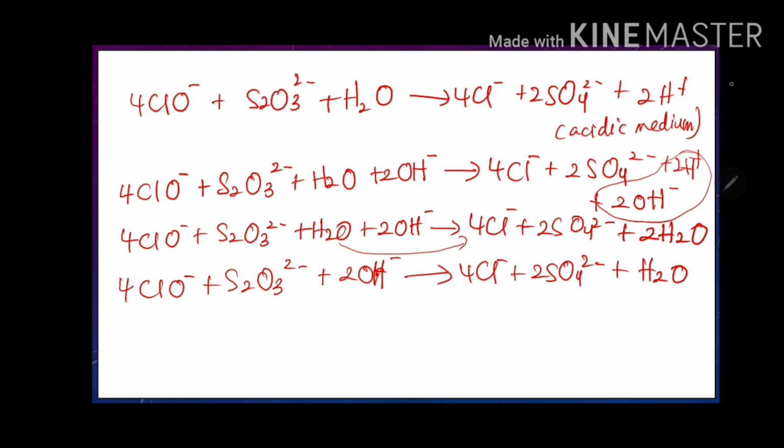Again, recheck your equation. So 4Cl, O is 7 plus 1, 8 plus 1, 9 on the left, and 9 also on the right. S2, 2. Balanced. H2, H2. Right? Balanced.